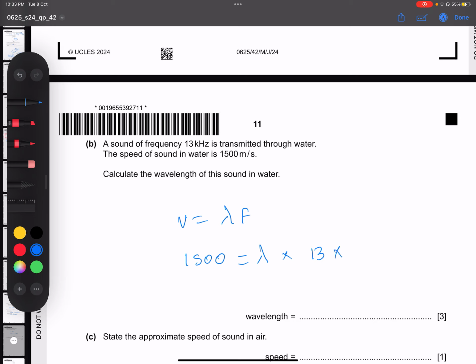So that means 13 into 10 to the power 3 hertz. So that's 1500 divided by 13 into 10 to the power 3, which is equal to 1.2 into 10 to the power minus 1, or 0.12 meters.